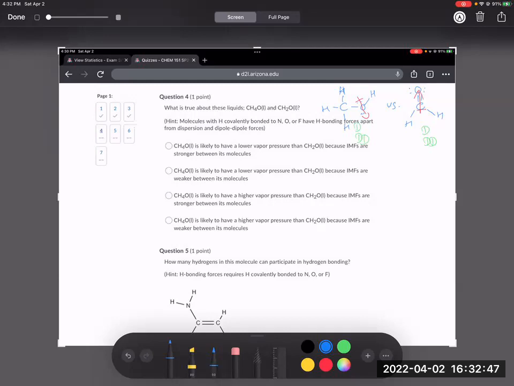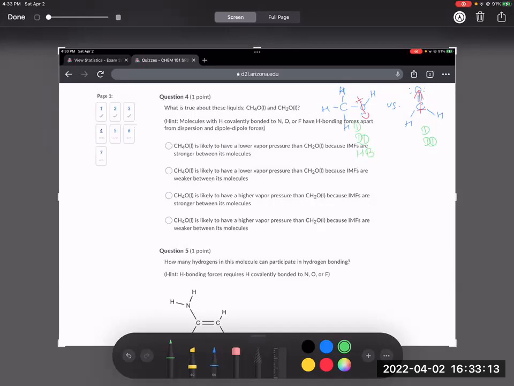Because we have a hydrogen covalently bonded to oxygen, apart from dispersion and dipole, it can participate in hydrogen bonding interactions as well. Therefore, we can expect it to have the stronger intermolecular forces out of the two molecules.